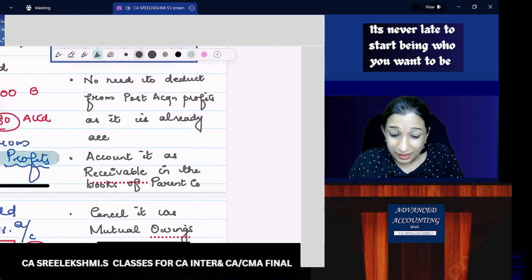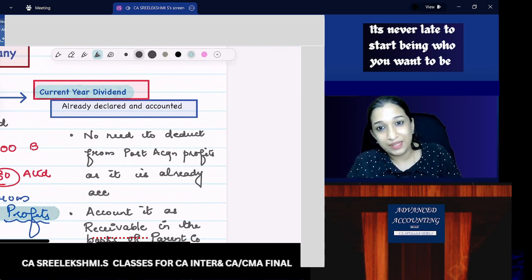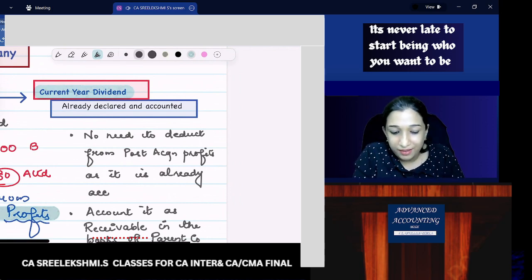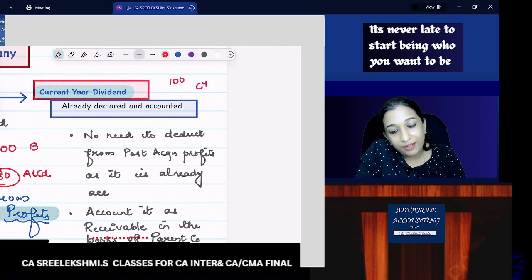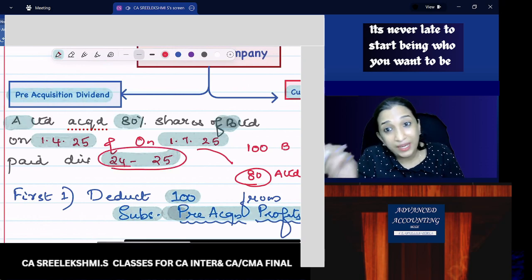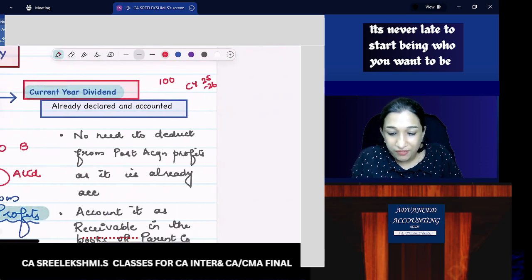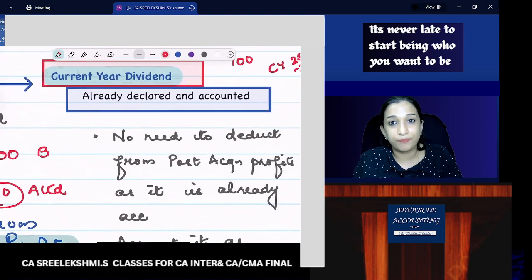Now, what if it is a current year dividend? The subsidiary company declared a 100 rupees dividend for the current year, 2025-26. In the earlier case, the dividend was declared for the previous year. But what if the dividend is declared for the current year, 2025-26? Then what is the treatment?